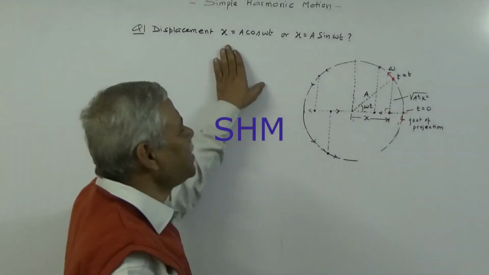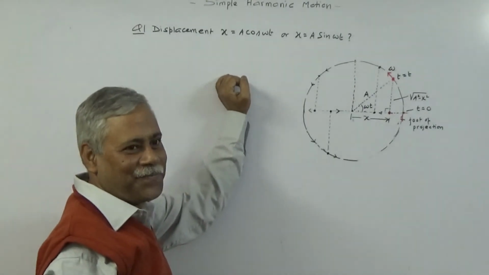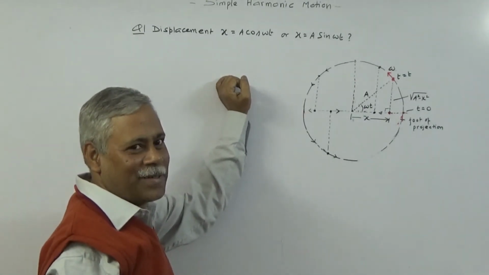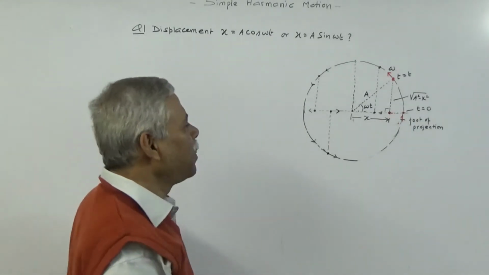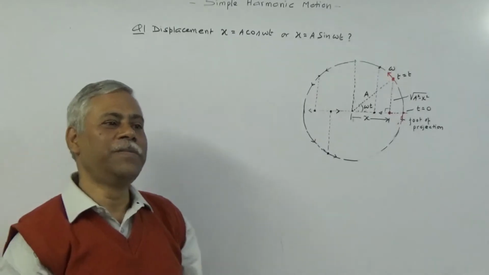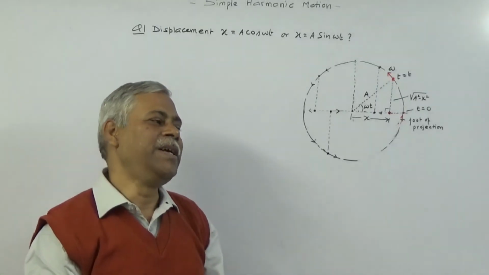Displacement x equals a cos omega t or x equals a sin omega t. See, it all depends on your choice of t equal to 0.